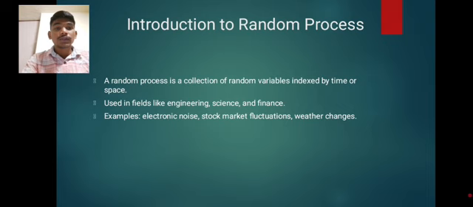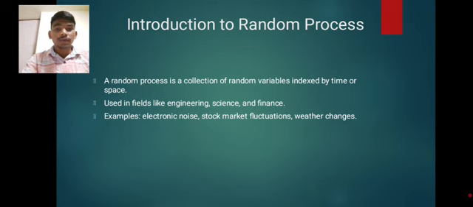A random process is a collection of random variables indexed by time or space, used in fields like engineering, space, and finance. Examples: noise, stock market fluctuation, weather changes.